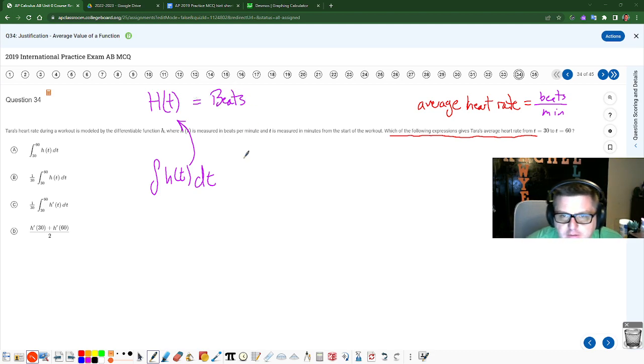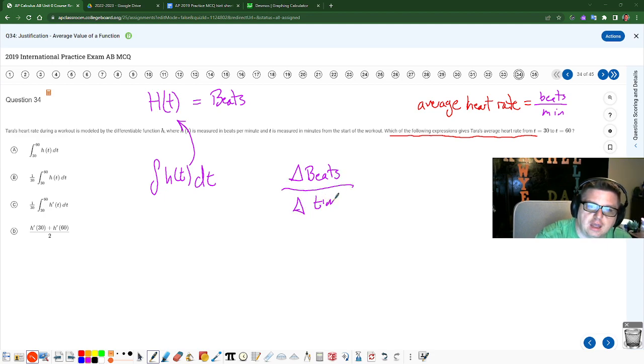Those are our total beats. So when we do this, what we're going to do is the change in beats over the change in time. And what is that going to ultimately give us?